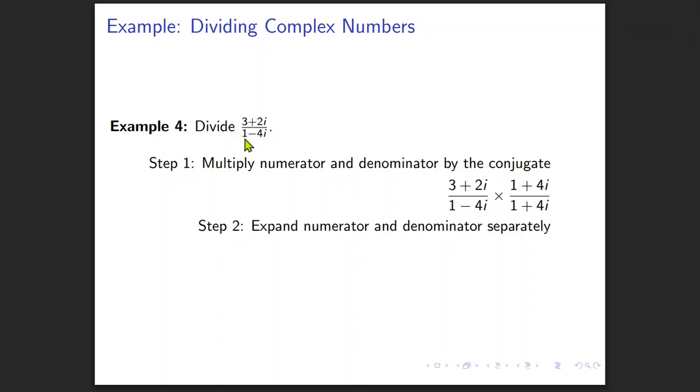Looking at the denominator, the conjugate is 1 plus 4i. So we multiply the numerator by 1 plus 4i, and the same goes with the denominator. The given problem times the conjugate, 1 plus 4i over 1 plus 4i.